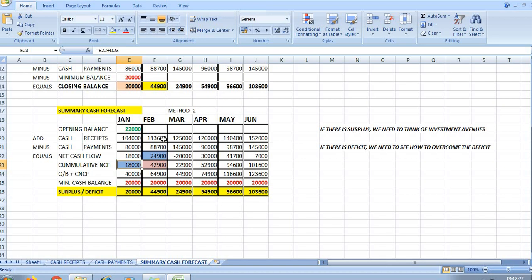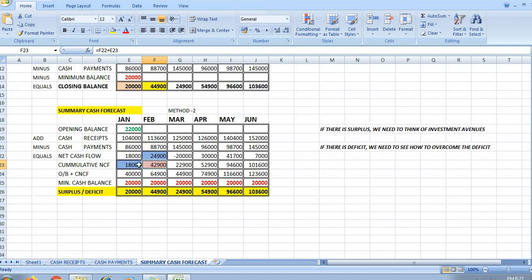I will take the receipts, subtract the payments, then I have a net cash flow. This net cash flow is added to the cumulative net cash flow of the previous month. And I have a figure called 42,900. Can you see that?